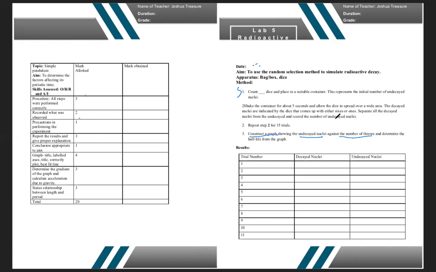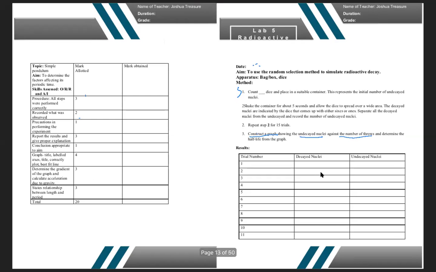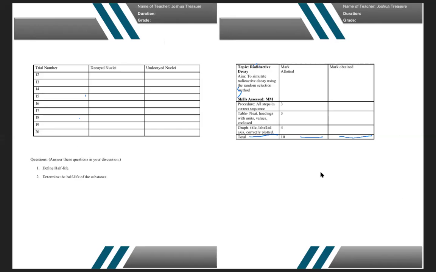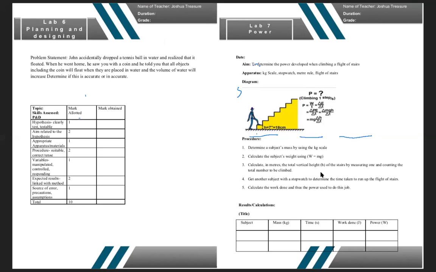The problem for this was that there were not enough dice for everyone, so we had to skip this one. This one would be easier than the other. All right, let's move to the next one.